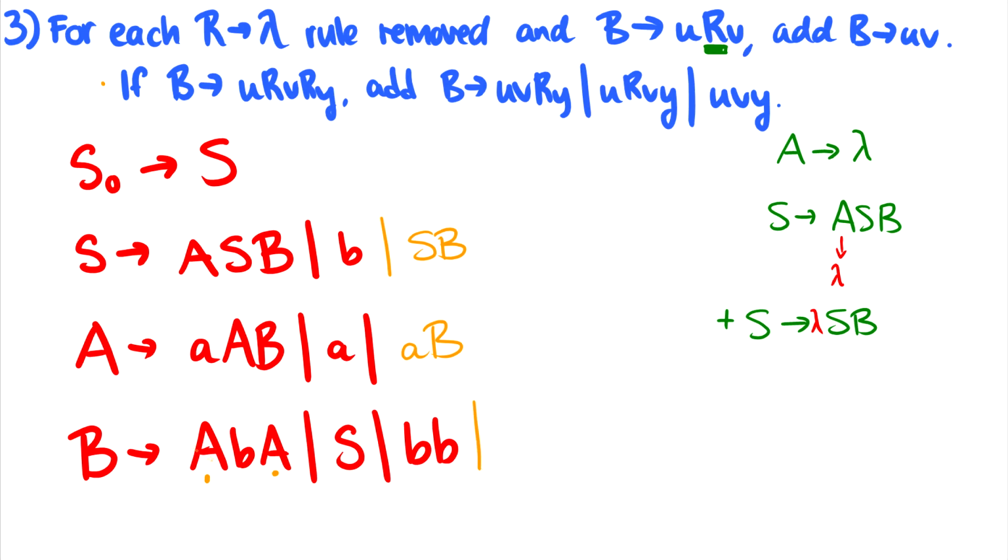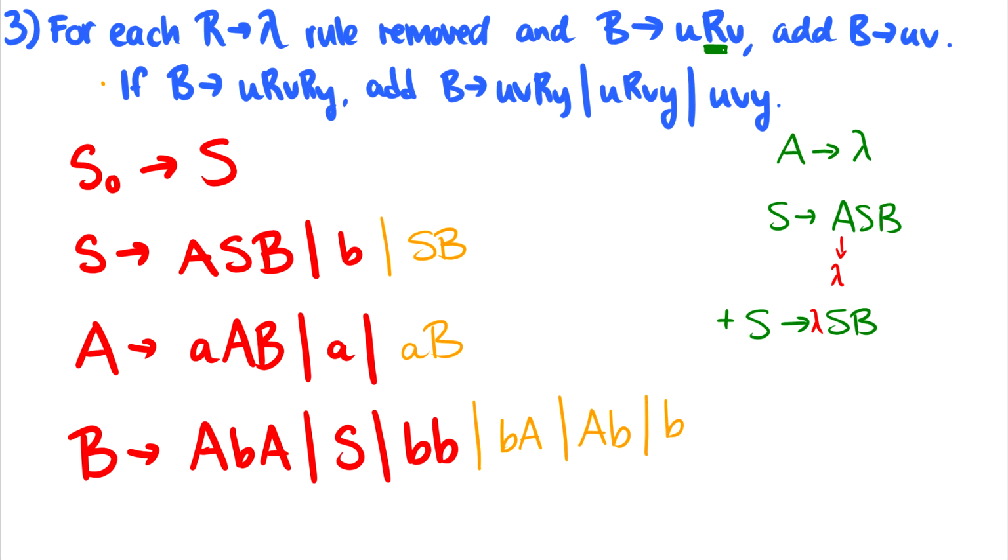We have one scenario where just the first A has gone to lambda, and we're left with B variable A. The other scenario is where the second A has gone to lambda, so we're left with variable A and then terminal b. Then the final scenario is if both of them become lambda and are deleted, and then we're just left with b. So for each r to lambda rule we remove, we have to repeat this process.